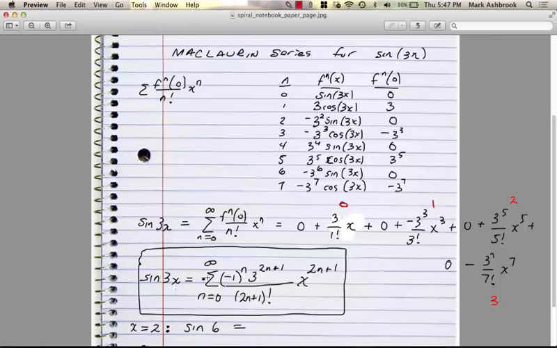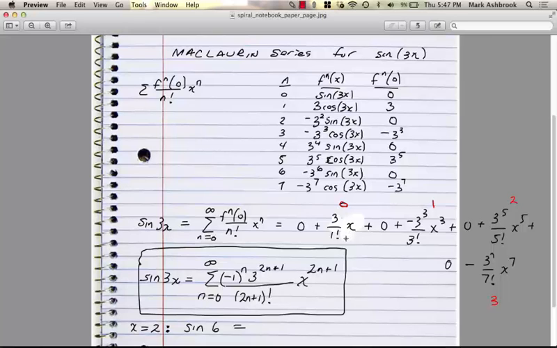We're inputting 2 into this function, and it's going to give us the output sine of 6. We could rewrite this whole thing as 6 to the 2n plus 1.